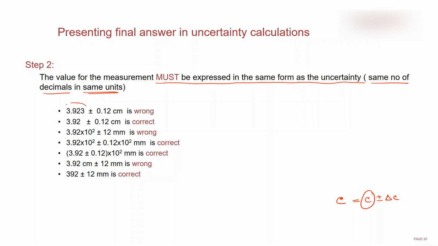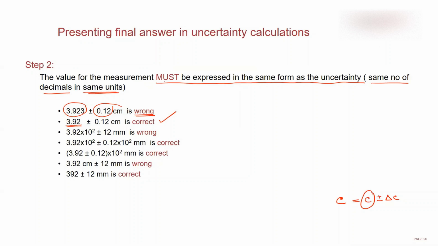Here we have the measurement and the uncertainty. The uncertainty has 2 decimals, but the measurement has 3 decimals, so that is wrong. To make it right, we need to keep only 2 decimals in the measurement. If we keep 2 decimals in the measurement, our reading will be like this. So the second one is right.